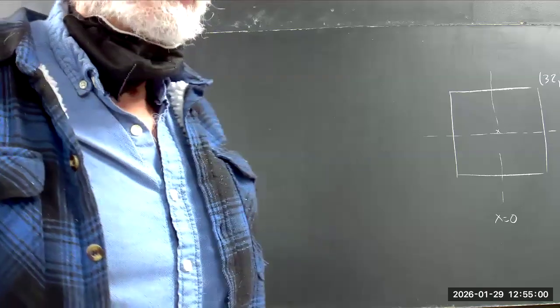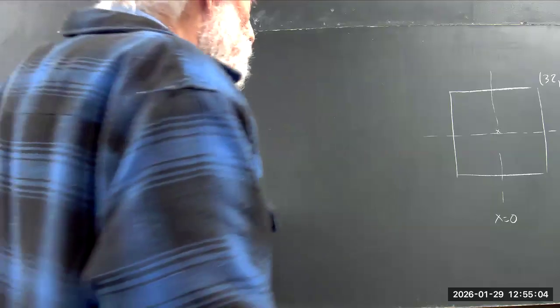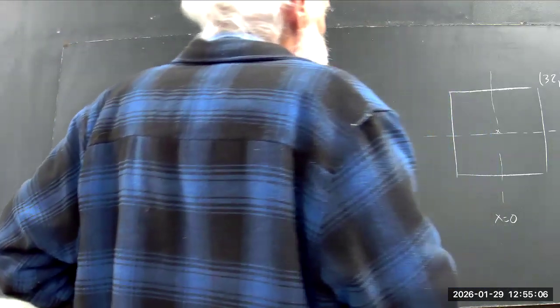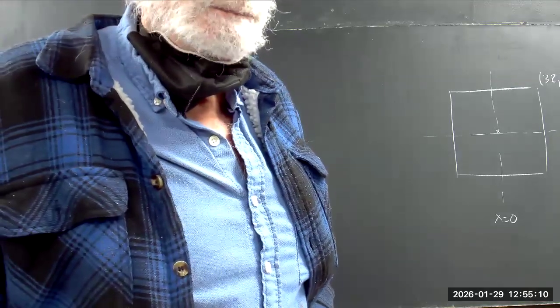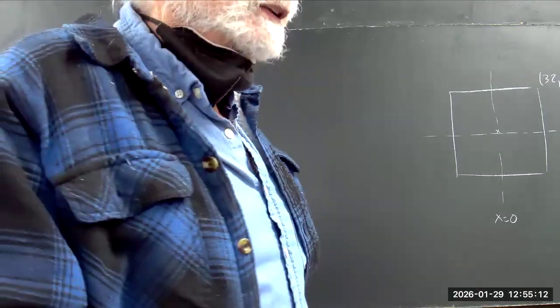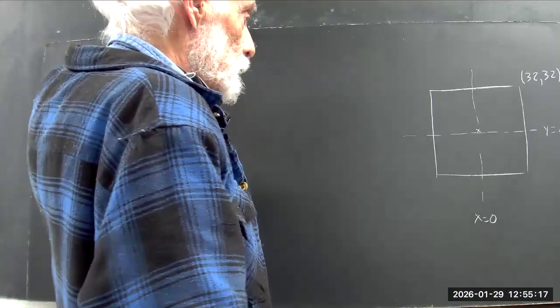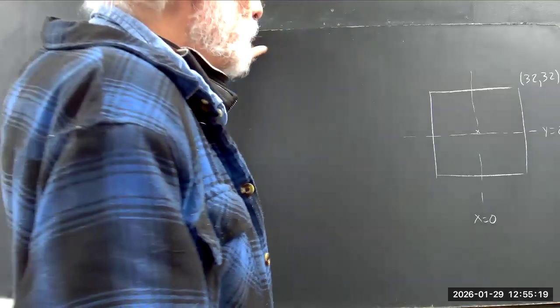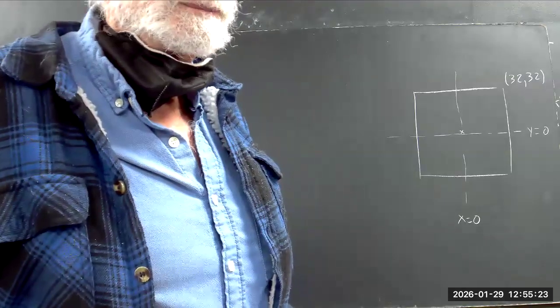And let's say that point is 32, 32. Then I ask you to sketch a bunch of points. Now, in this case, we're not going to use the type 1 or type 2 grid unless you really want to, because the shape is going to be pretty arbitrary.